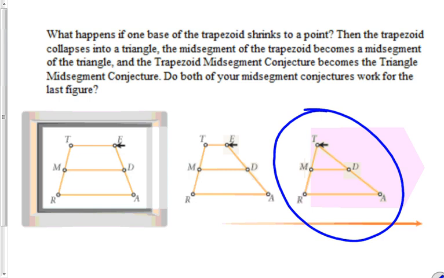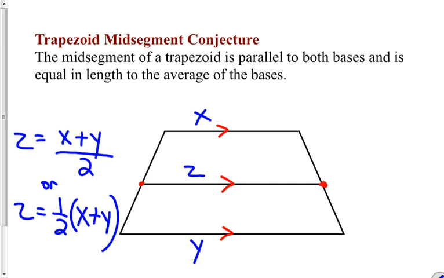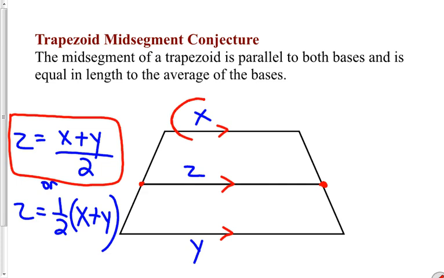Because, let's go back for a second to this. Over here on the left, we said that the length z, the length of our midsegment, would be the average of the two bases. Well, what if one of the bases had a length of 0? Then this equation, z equals (x + y) over 2, will become (0 + y) over 2, or just y over 2, which would be half of the bottom base.